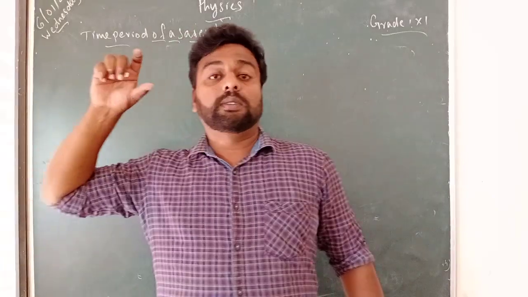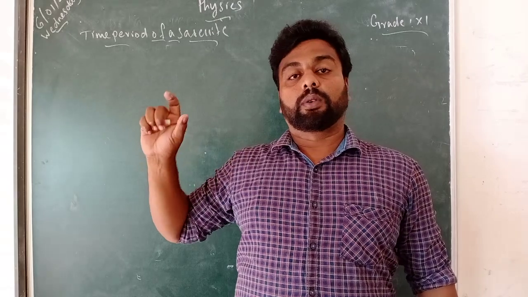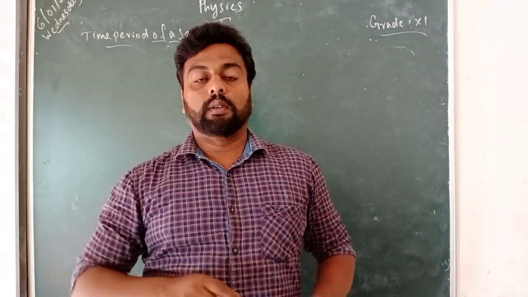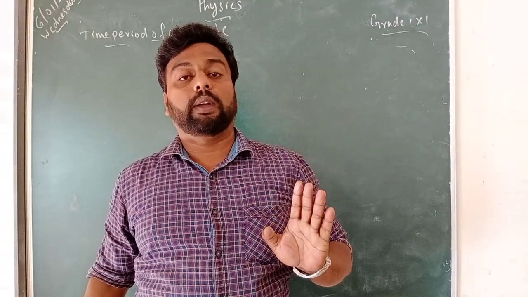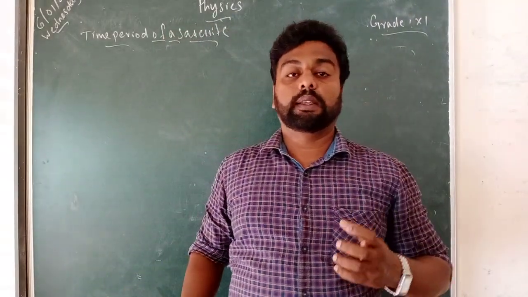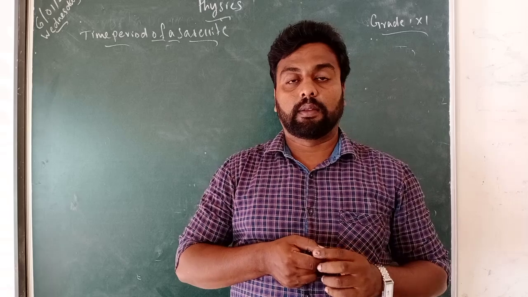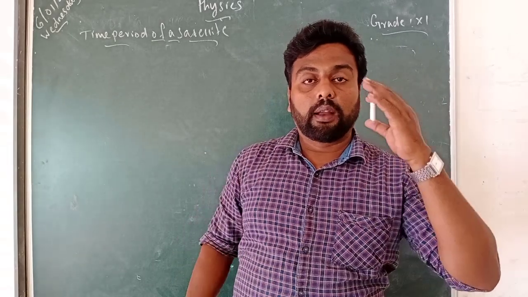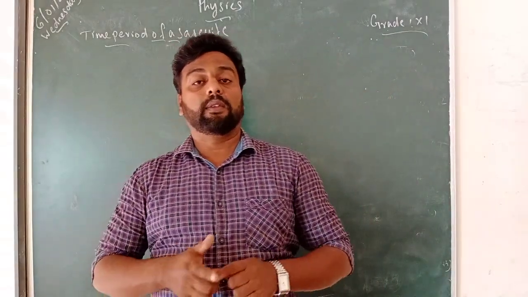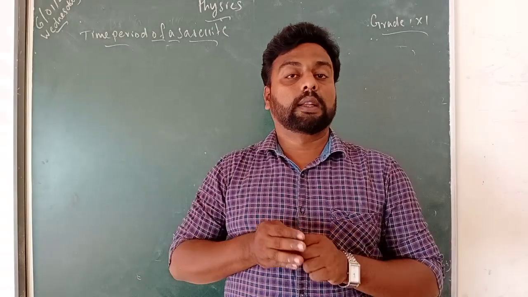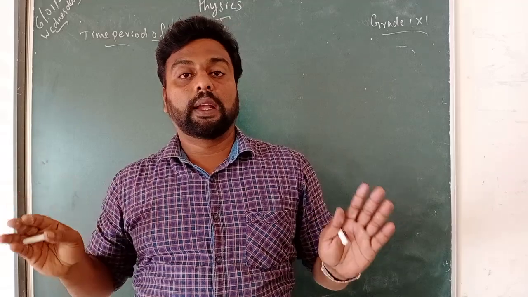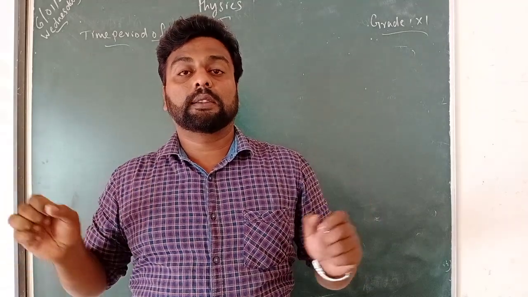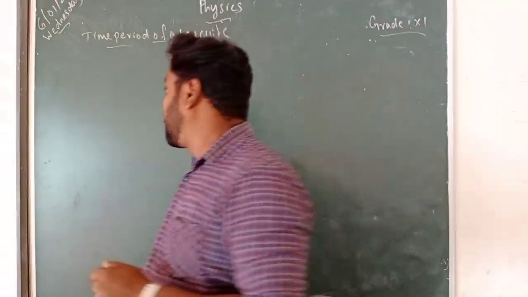Here we are using the word time period, not time taken, because we are finding the time taken for one complete rotation. That is why we say time period of a satellite. To find this time period, we can use our general speed formula. We all know that speed is equal to distance traveled by time taken.